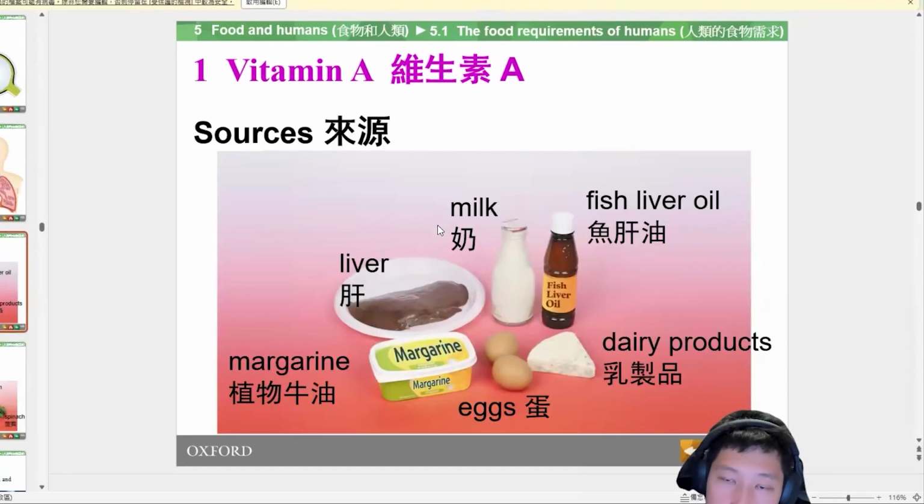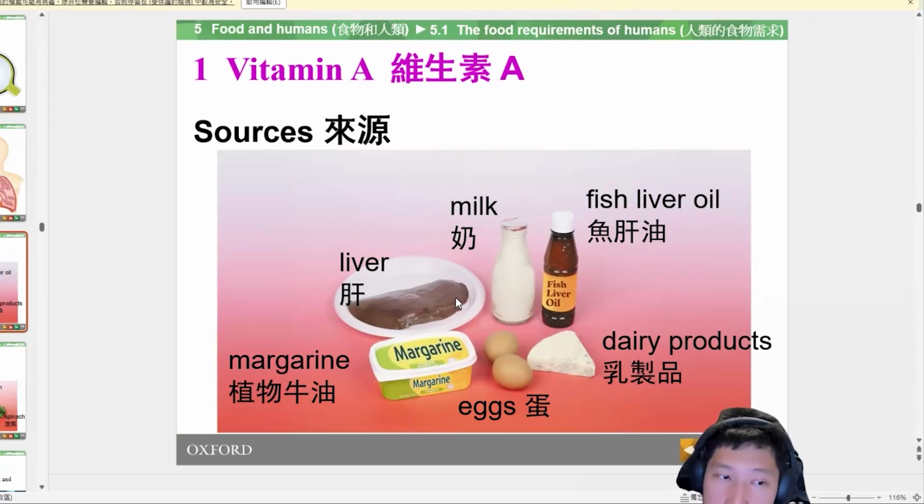Then where can we find vitamin A? Vitamin A is lipid soluble. So most of the ways for us to obtain vitamin A are to drink milk, drink fish liver oil, or eat liver or eggs.